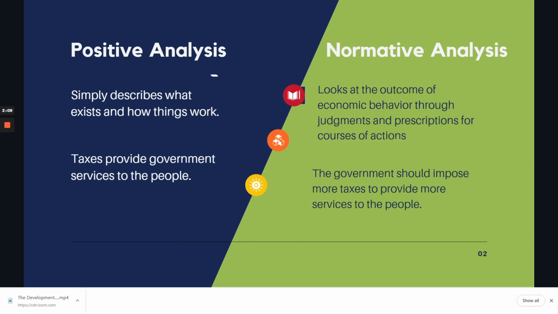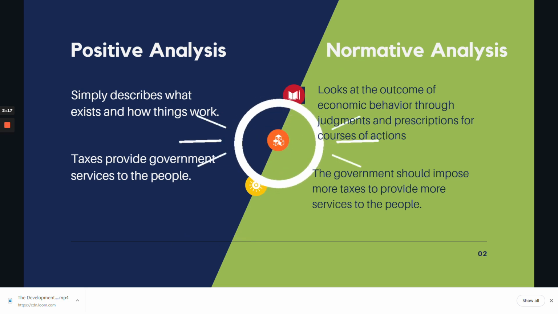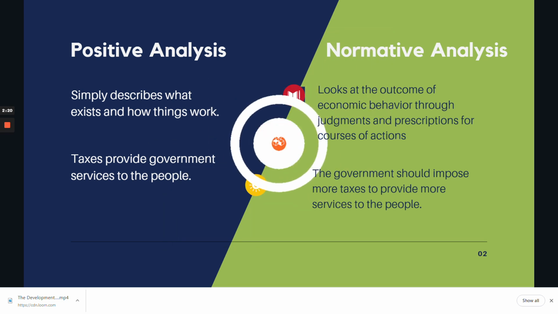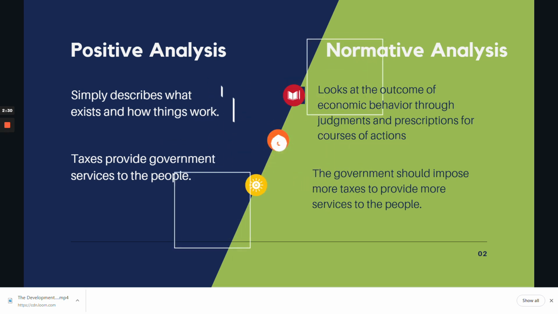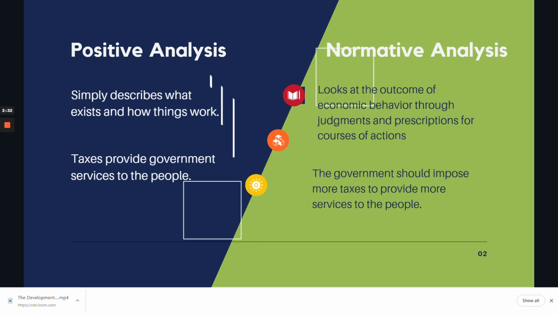One good example is this statement: the government should impose more taxes to provide more services to the people. So you already have a prescription or course of action that can be done. The government should impose additional taxes or more taxes to provide more services.